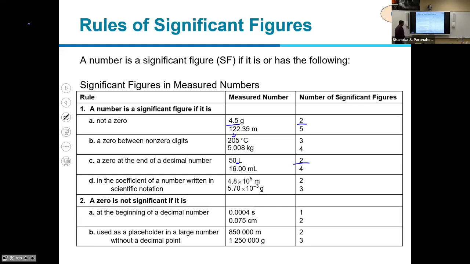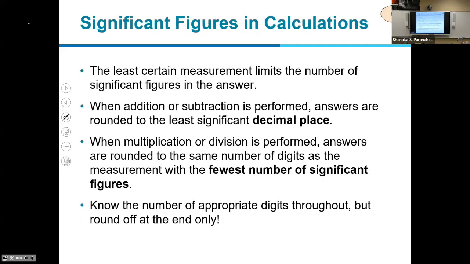And the last 2 examples are rules to identify non-significant zeros. Zeros at the beginning of a number are never significant. And also these zeros are not significant because it doesn't have the decimal point. Those zeros are just placeholders, so those are not significant zeros.